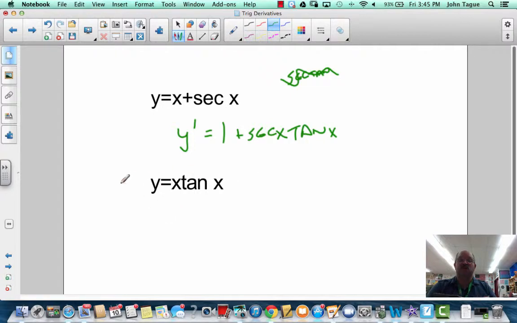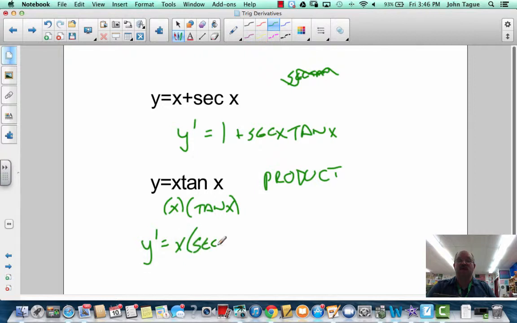If I've got this one, y equals x tan x, oh my gosh, what could that be? There's a hint. It's a product, so we got to use the product rule. It doesn't look like it so much, but if I had written it like this, you'd all go, oh yeah, that's a product. So we just use the product rule, y primed, the first, times the derivative of the second.